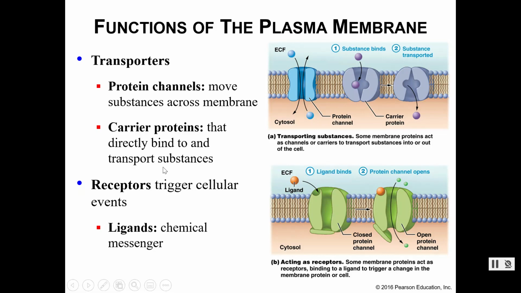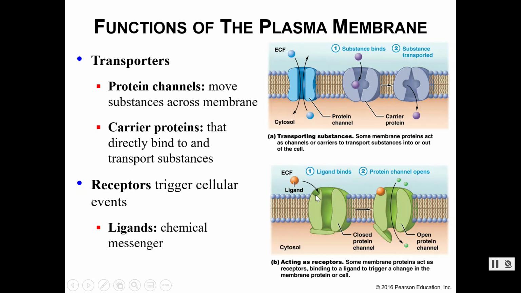Now, some proteins are receptors instead. When these receptors are activated, they trigger events inside of the cell. One of the ways that we trigger these events is through the binding of ligands, which are chemical messengers. And so in this example, we have our little ligand, our little substance, and it binds to our receptor on our protein channel.